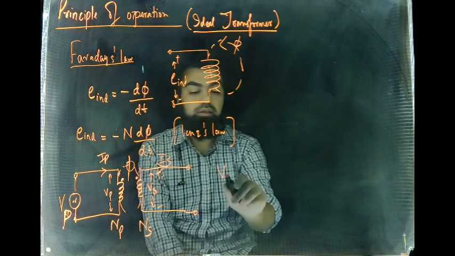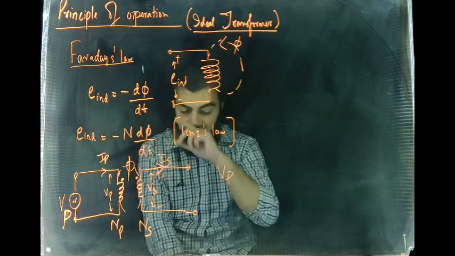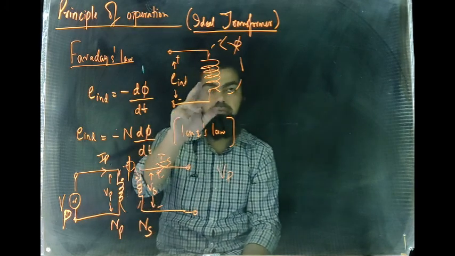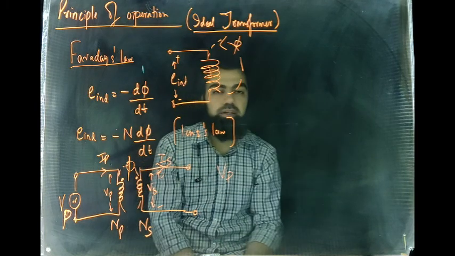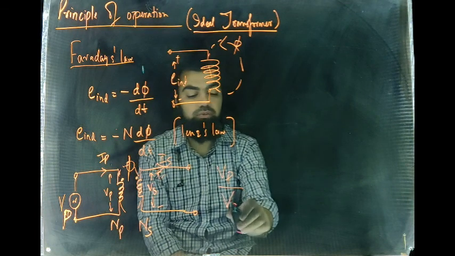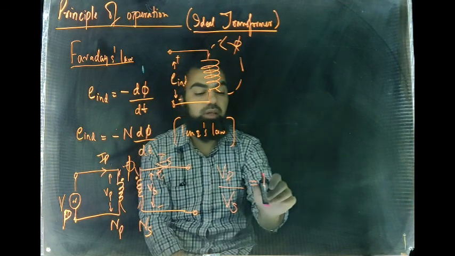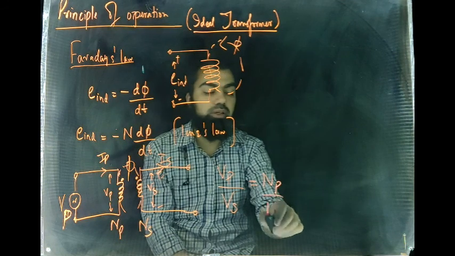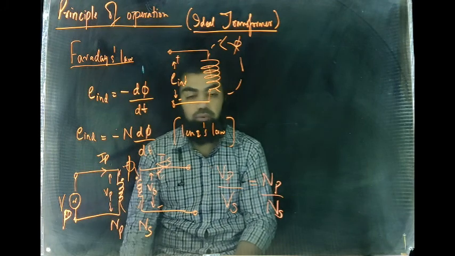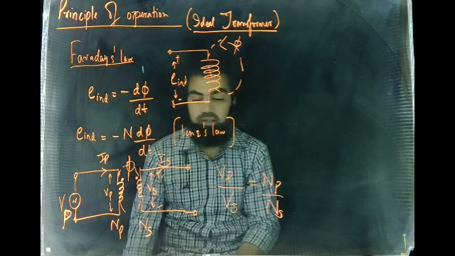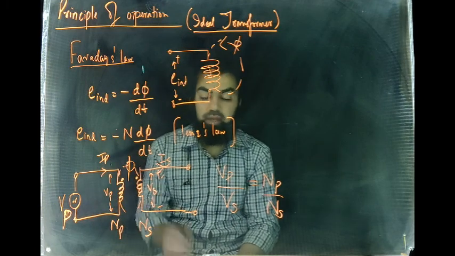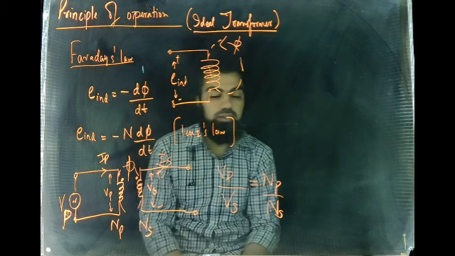And the convention states that Vs, as suggested from Lenz's law, will be equal to minus n d phi by dt. Therefore, if we equate those equations, we'll get Vp by Vs equal to Np divided by Ns, right? Where Vp is the primary voltage, Vs is the secondary voltage, Np is the number of turns of the primary winding, and Ns is the number of turns of the secondary winding.